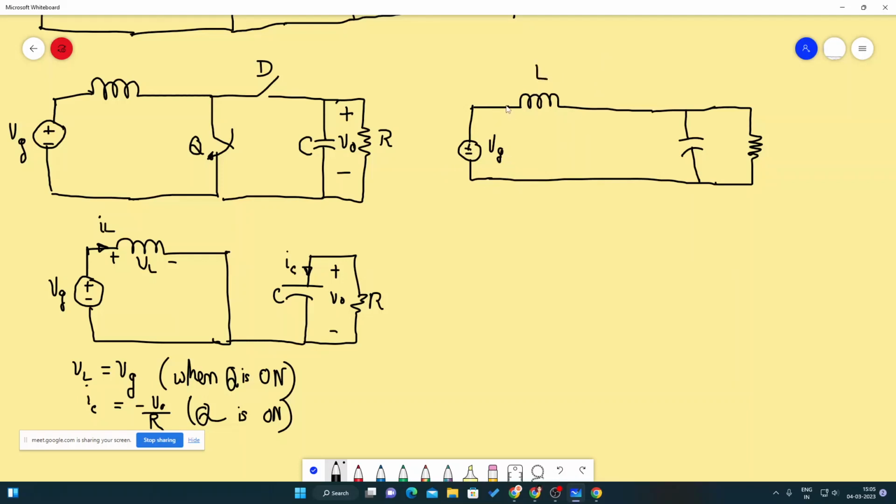This is the current IL, this is the voltage across the inductor VL, this is plus minus V naught, and the current flowing through the capacitor is IC.